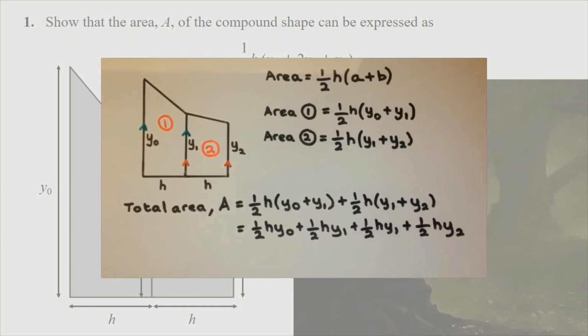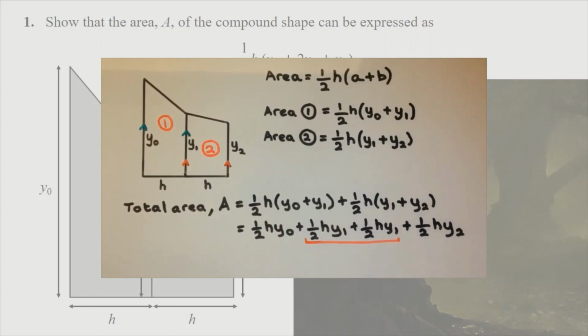You'll be able to see now that if we collect like terms, we have two terms containing y1. We've got 1/2 lot of hy1 and another half lot of hy1. We can add these two together, and that will give us 1 hy1.